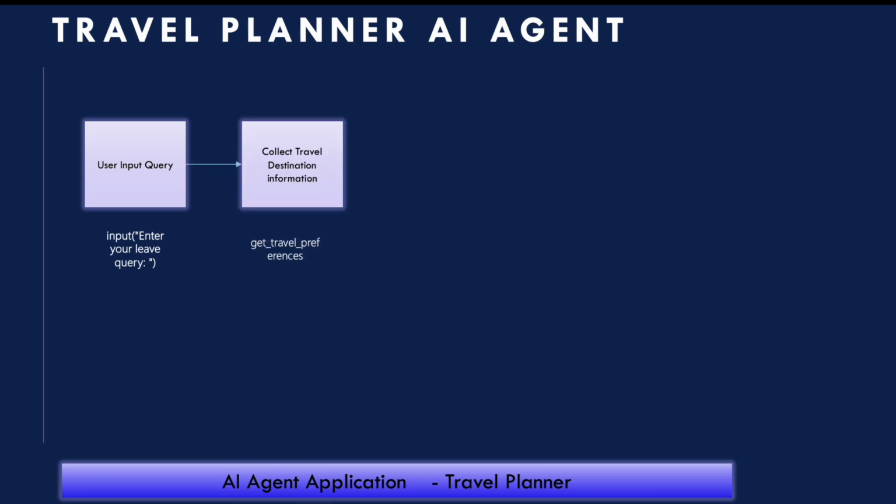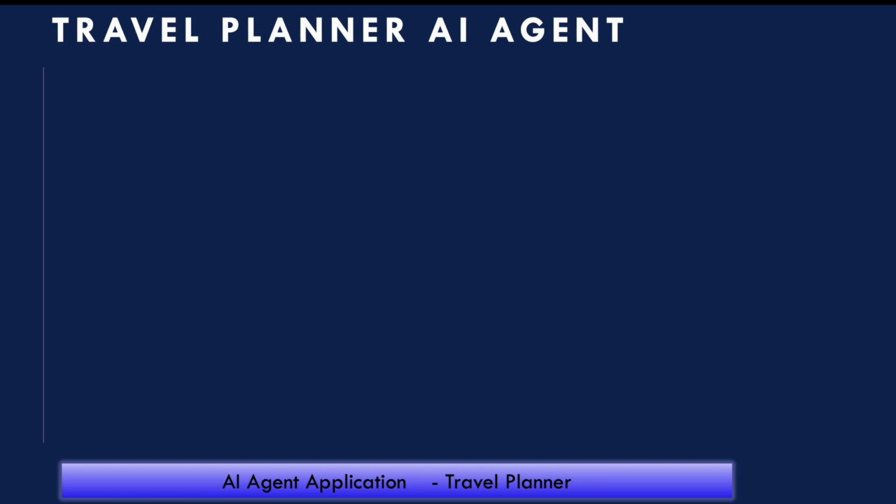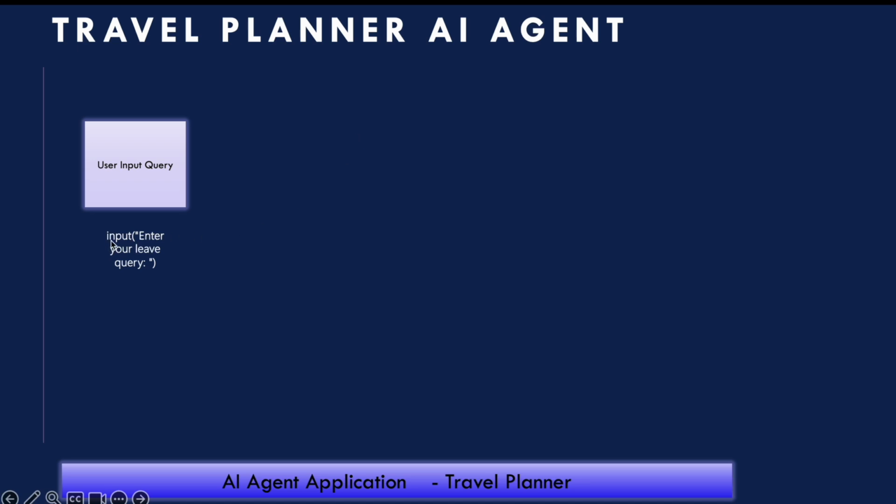Here I have a program called AI agent that I'll show at a later stage of this tutorial. I've mapped some of the lines in the code. The entire code is in a file called AI_agent.py, which is Python-based. You can look for what I'm providing here, like the input prompt, enter your leave query.